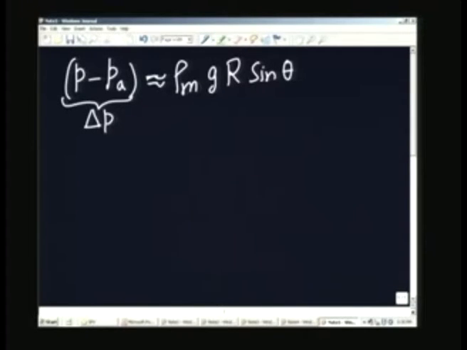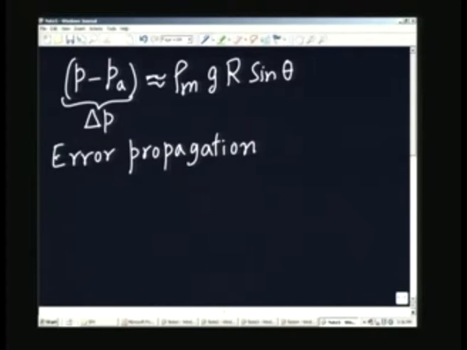So, if you remember the error propagation formula, which was covered in an earlier lecture. So, what does it say? It says that we have certain error in this measurement, certain error in this measurement, and these two errors are going to propagate to this.